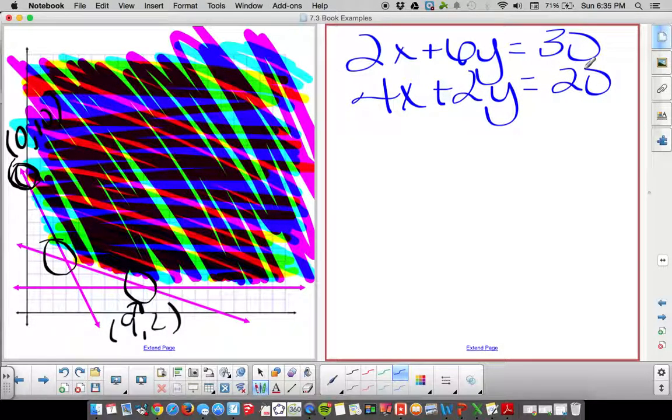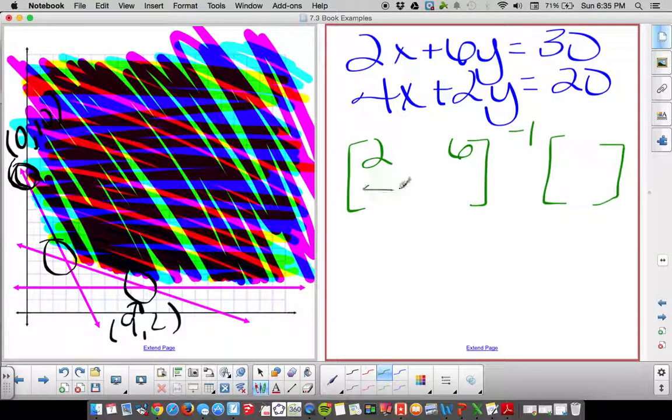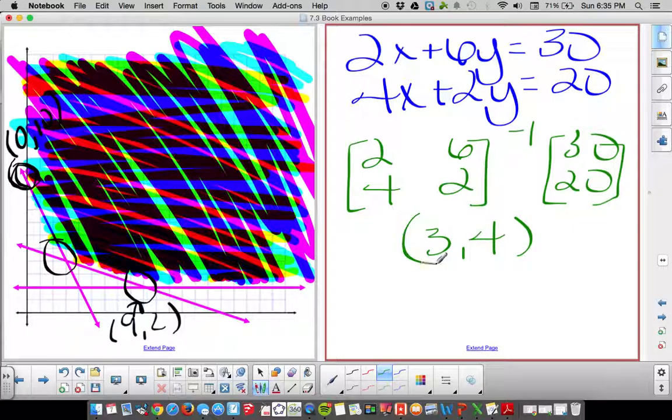So I'm solving that system of equations. Remember, I can do that easily with matrices, doing A inverse B. So 2, 6, 4, and 2, and 30, and 20. Solving that system in my calculator, I get 3, 4. So that's my last corner.